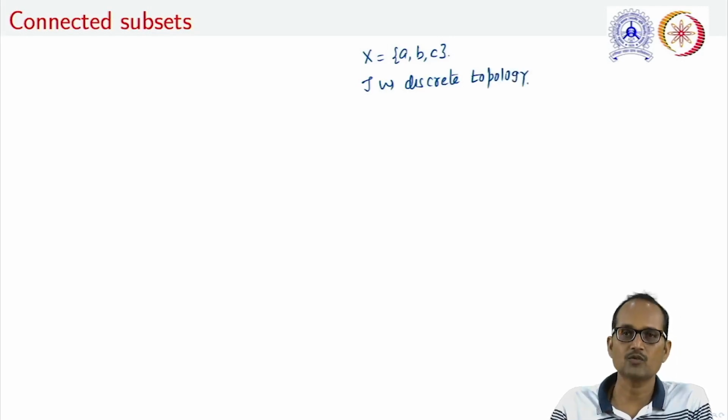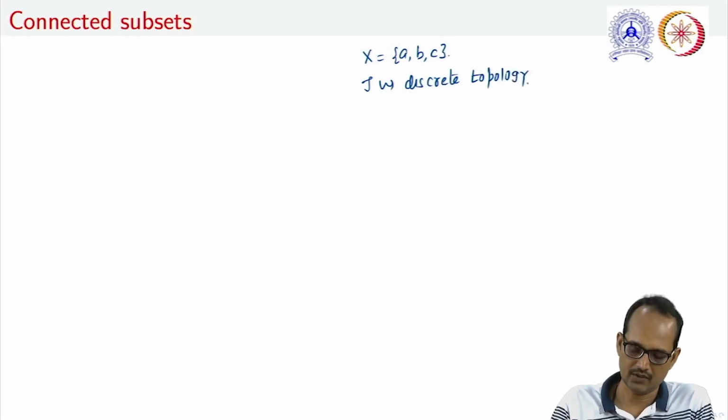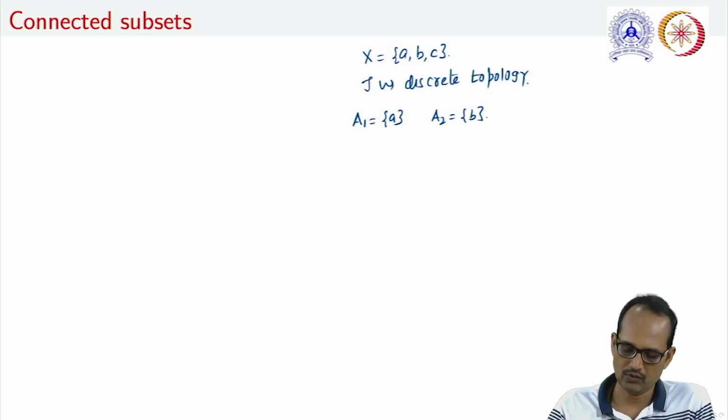Now let us take two subsets of this X, and these are the singleton sets. Why not let us take A1 as the singleton set A and A2 as a singleton set B. Note that singleton sets are always connected in each and every topological space. Therefore, A1 and A2 both are connected subsets.